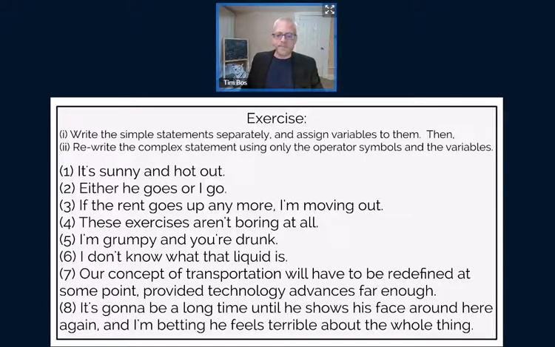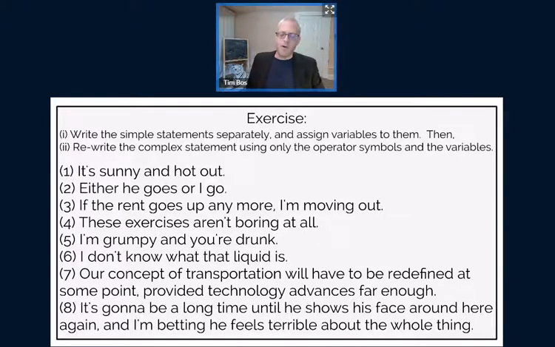But do you see what's going on in 7? Yeah, provided is a key word, because what is provided a euphemism or a synonym for? Yeah, if. Exactly. So this is actually a disguised if-then statement.